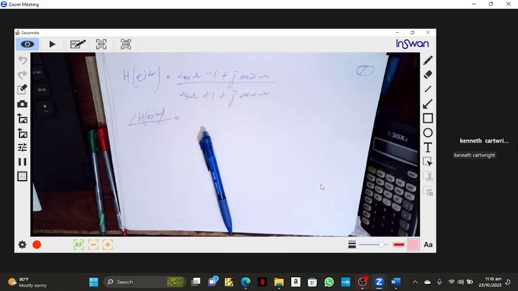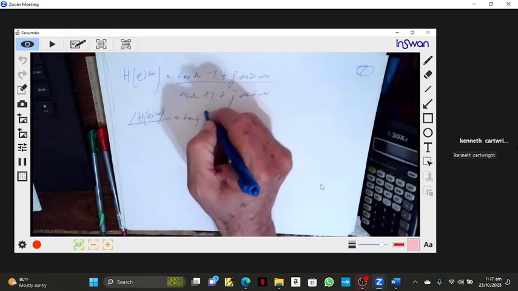I think it's the top minus the bottom for this one. The top what minus the bottom what? Phase at the top minus phase at the bottom. Thank you very much.